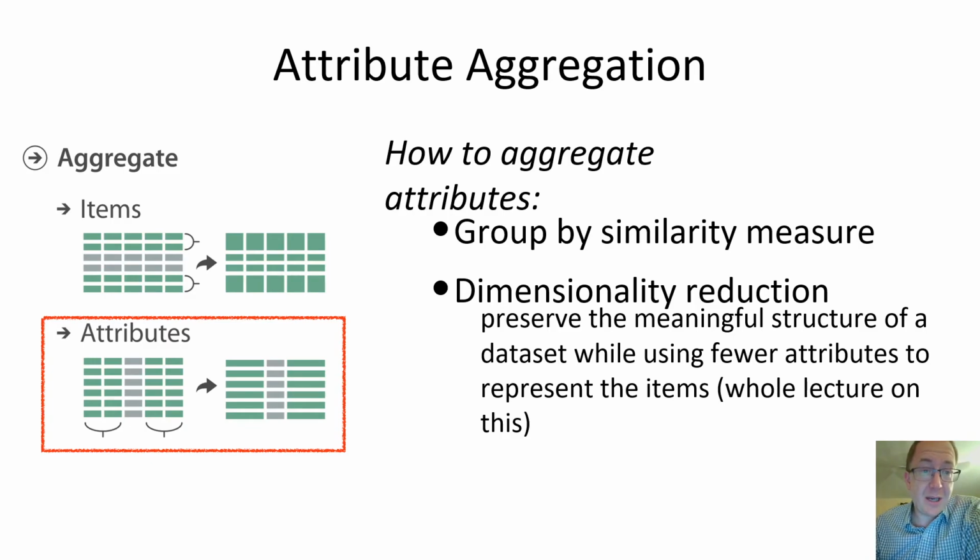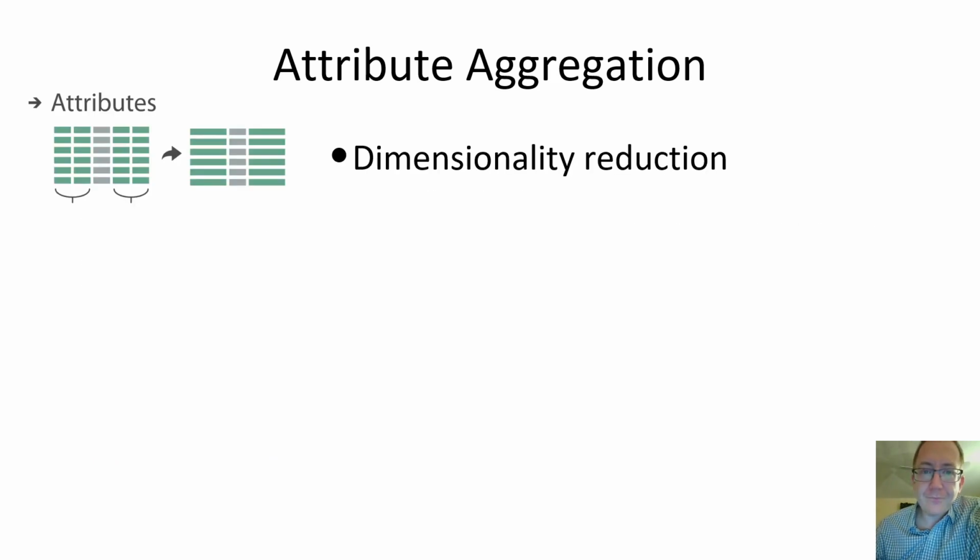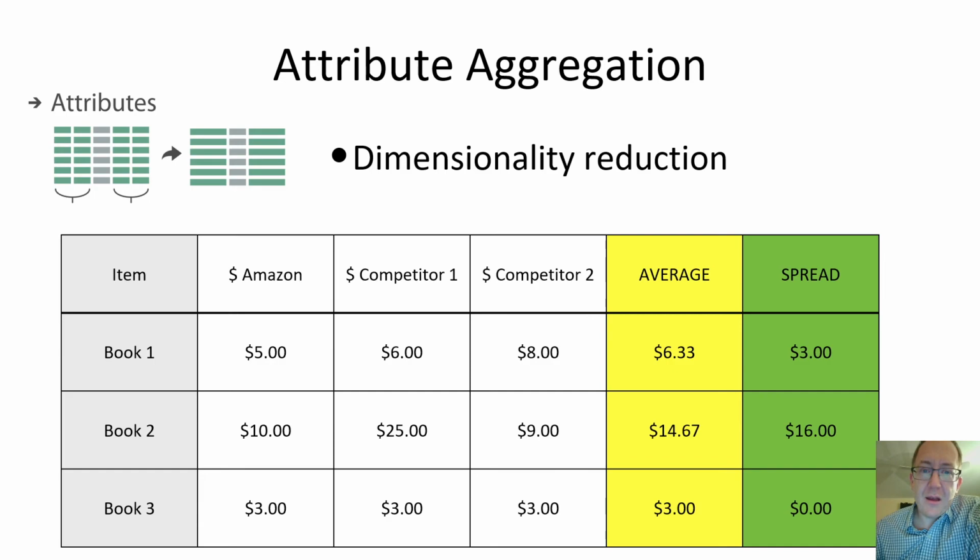This is where data mining comes in, finding the primary attributes to describe the data set you're looking at. And so here's average and spread as 2 examples of dimensionality reduction. They're very, very simple, and they hide a lot of stuff.